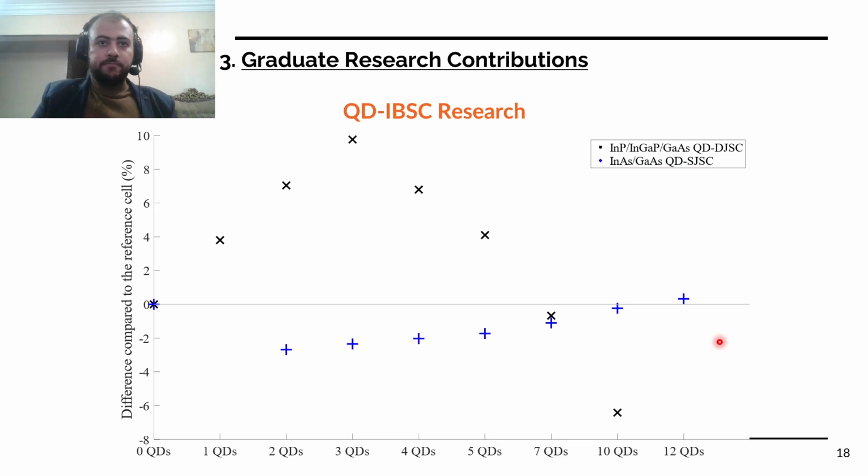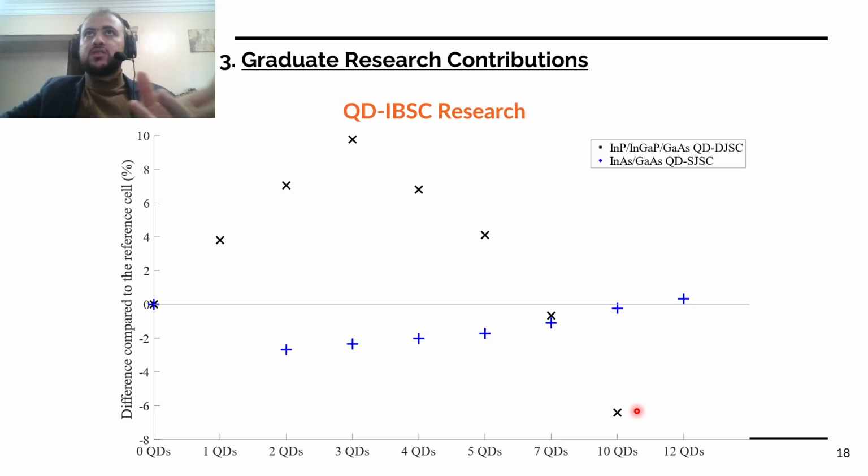When we compare the results of the indium gallium phosphide structure and the results of the indium arsenide gallium arsenide structure, we notice that immediately after adding indium phosphide quantum dots, we see an enhancement in conversion efficiency until we reach 3 quantum dots, this tipping point or limiting point, and then we start dropping again.